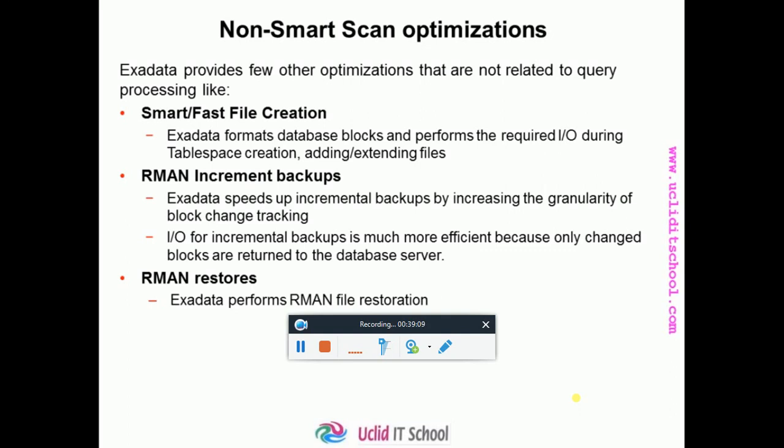Like Oracle has the FS1 storage array, HCC is available on that. Oracle has Pillar Axiom storage, HCC is available on that. But smart scan is only available on Exadata.